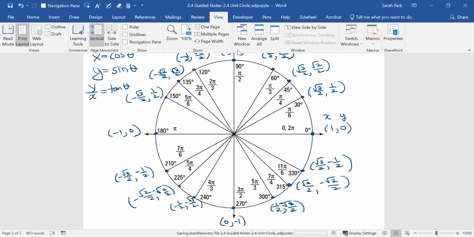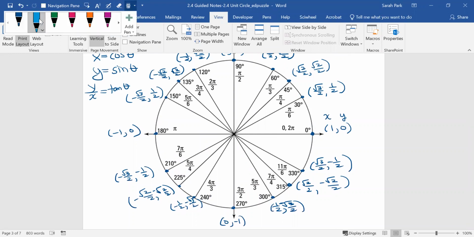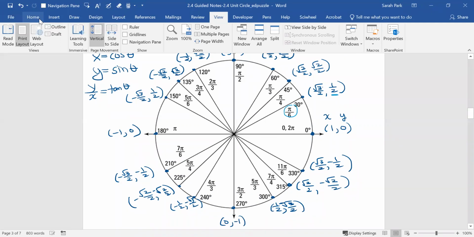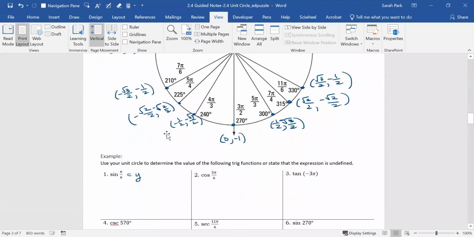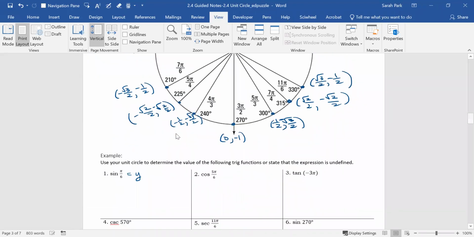And the y value of sine of pi over 6 is 1/2. And so sine of pi over 6 is equal to 1/2. So this is really easy when you're able to use a unit circle.